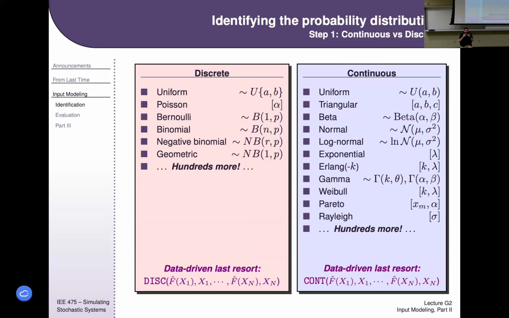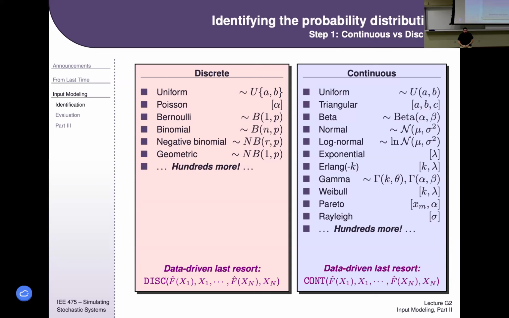It now represents all the numbers in between the outcomes as well. So this is, again, a last resort. If nothing's working up here, then you can create a data-driven distribution to draw from. But it's highly recommended, especially for continuous, to pick a continuous distribution.